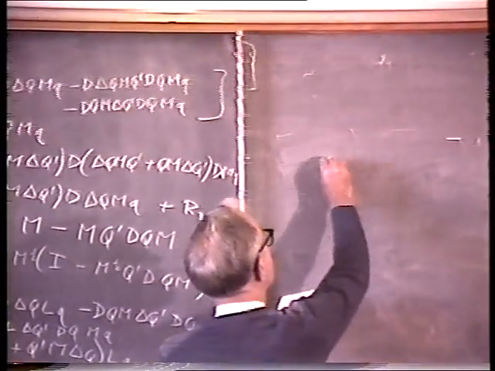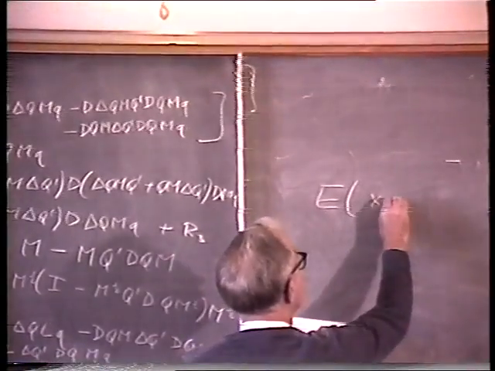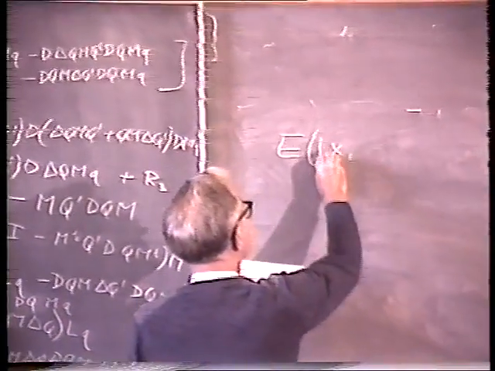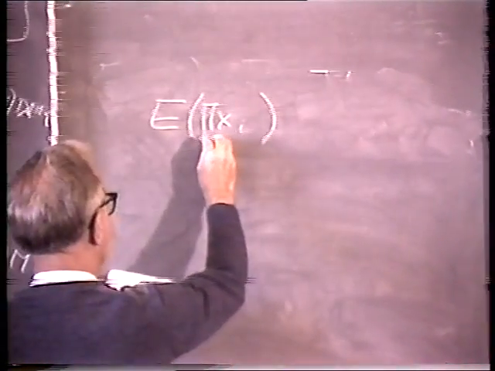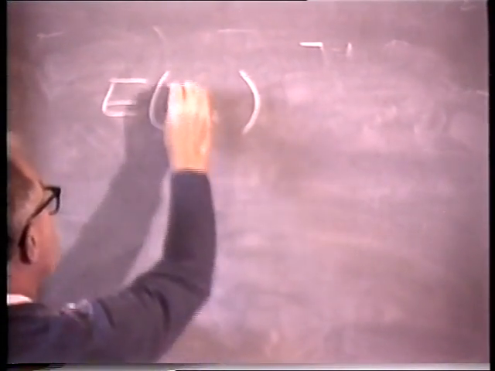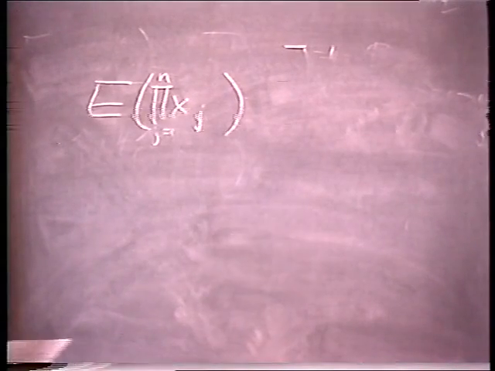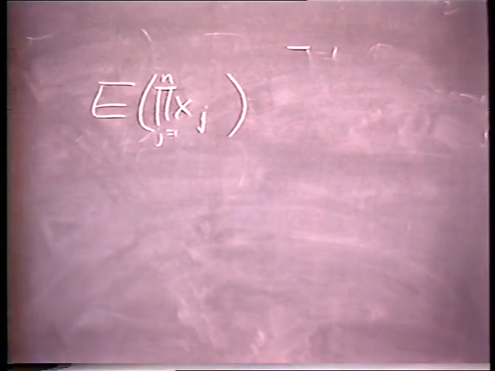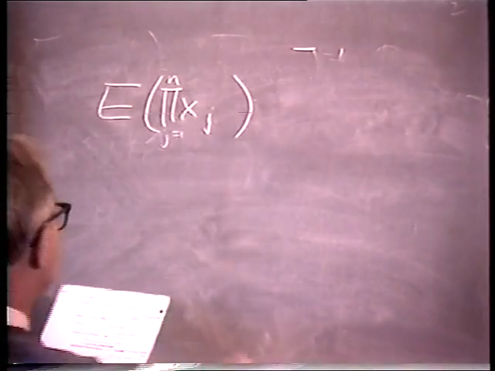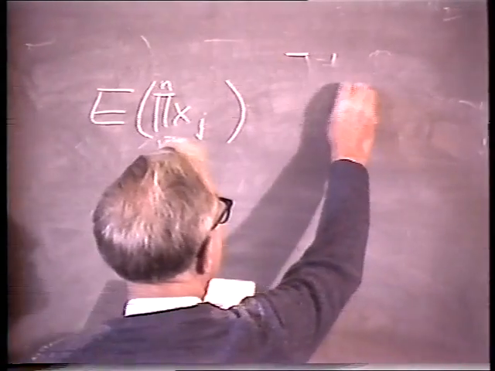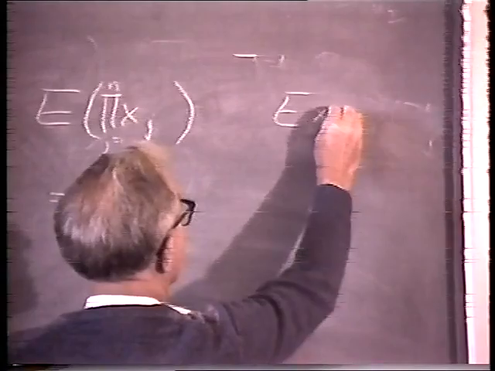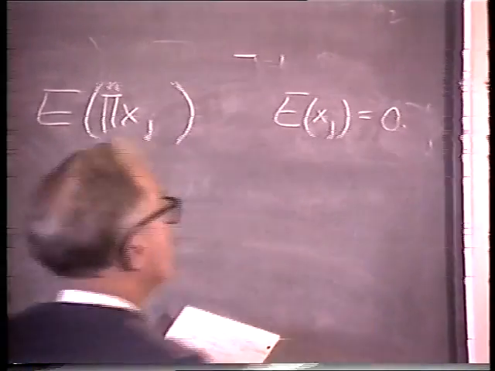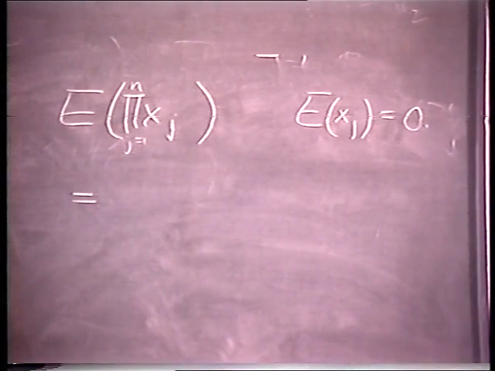But I might as well say what it is in a very kind of general context. Suppose you have a product of n normally distributed variables. What is its expectation? Well, the formula, oh yes, and with the limitation that expectation xj equals 0, in other words, they're zero mean normally distributed variables, but otherwise they have a general variance matrix.